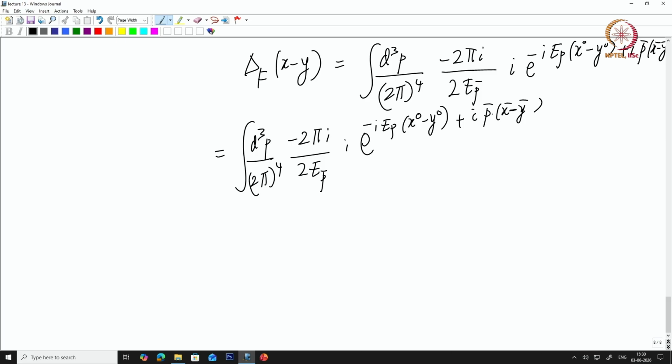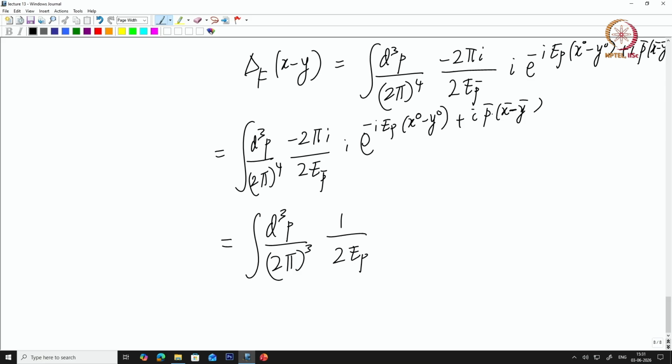So, in this case, when x0 is greater than y0, you close the lower half plane, picking up the EP pole, and this gives me d cube p, 1 by 2 EP, and the minus 1 and 2 pi cancel.